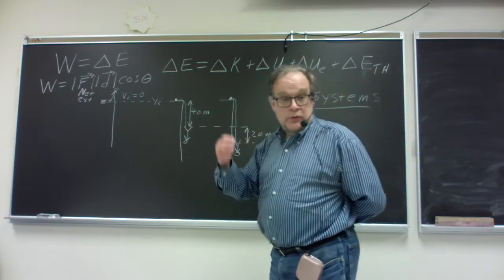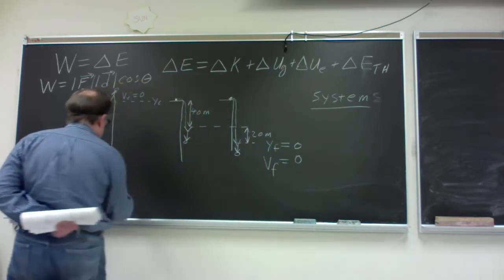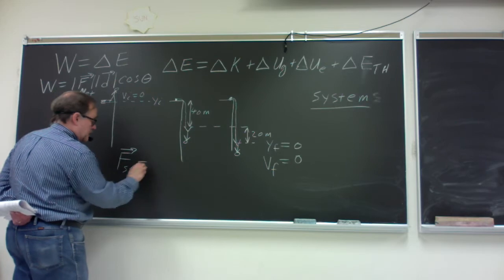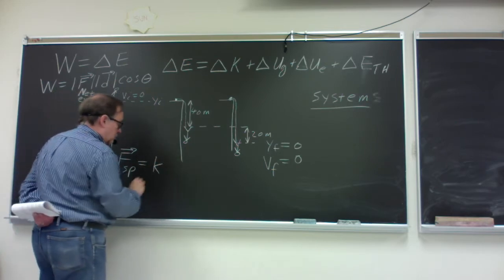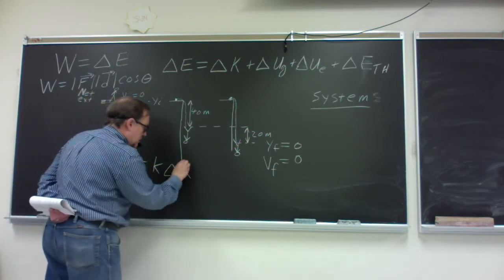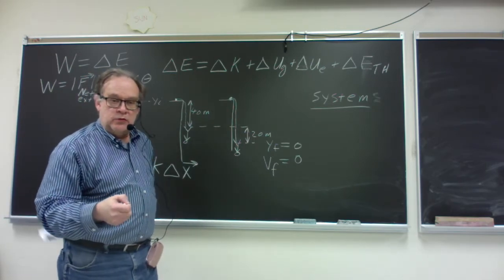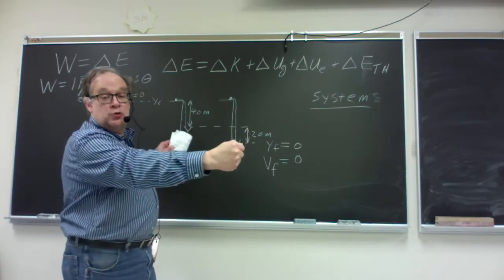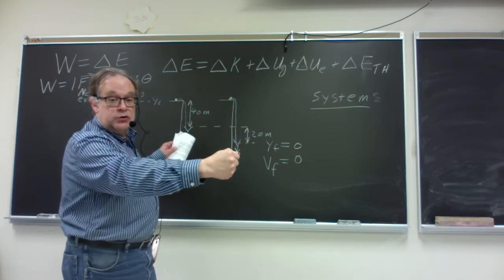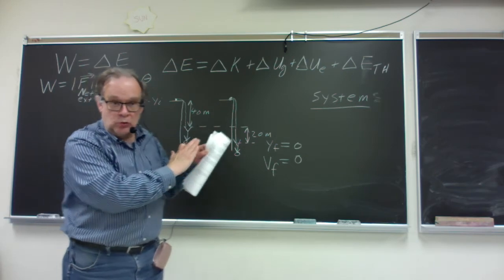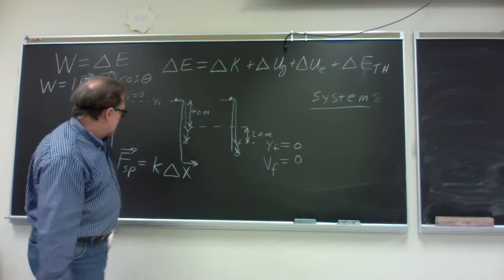And just a reminder of how those spring forces work. Right, the spring force is just proportional to the displacement that the end of the spring feels when it's being stretched away from its normal undisturbed location, or compressed away from its normal undisturbed location.